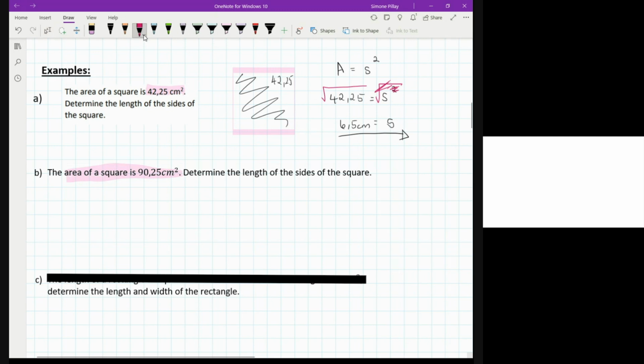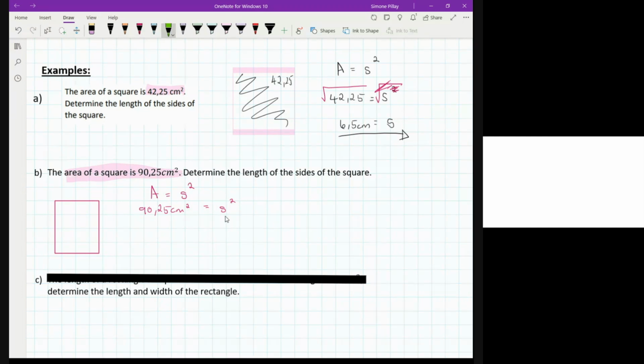Afternoon, ma'am. Afternoon. So, ma'am, what we're going to do is we're going to write area equals side squared. Okay, so area equals side squared. Yes. And then we're going to say 90.25 centimeters squared is equal to s squared.